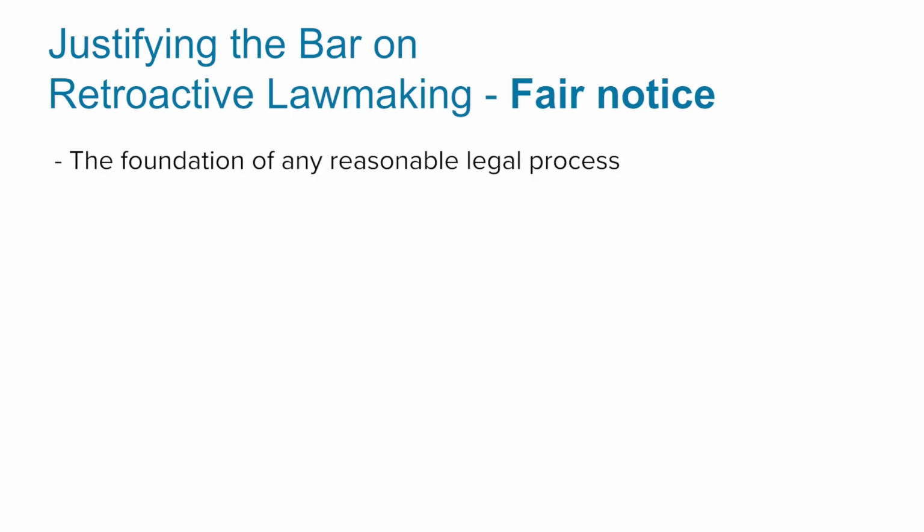All right, punishment principles provide one set of justifications for prohibiting retroactive lawmaking. But there are other justifications which speak more directly to the rule of law concerns at the heart of the legality principle. So one of those concerns, which you'll hear quite a bit about in this lecture, is fair notice. That's something that many consider to be the foundation of any reasonable legal process, but particularly one that involves punishment.